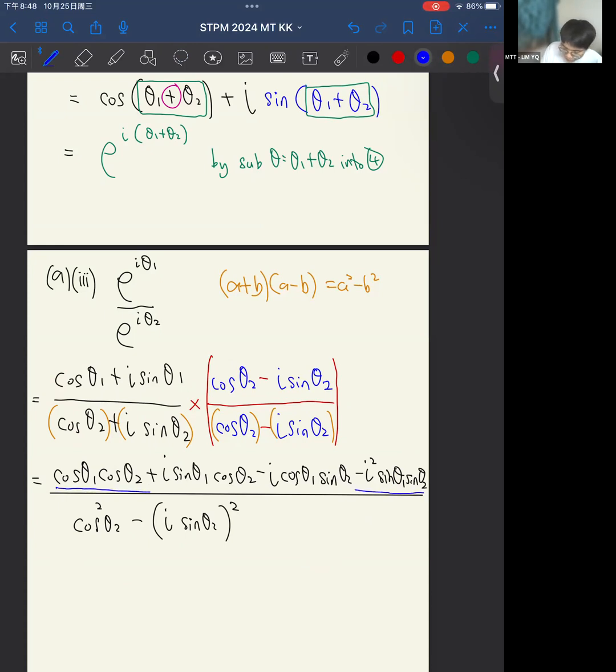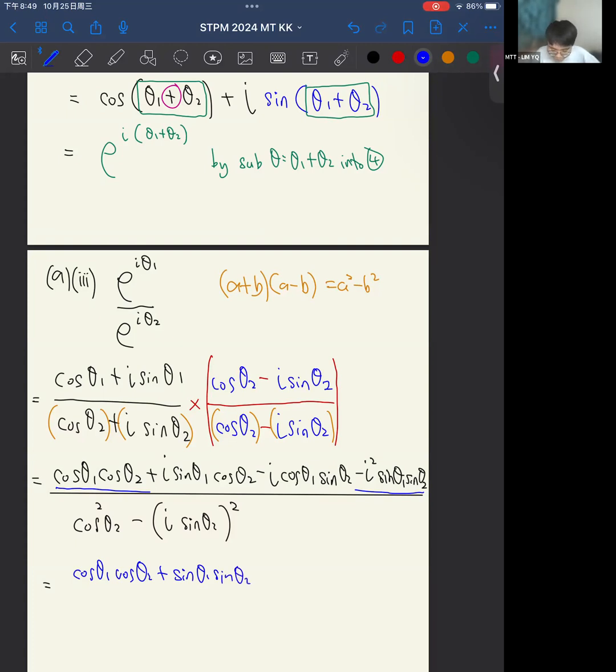Similarly, we group all the real parts. So the real part becomes cos theta 1 cos theta 2, minus i squared, which is actually plus now, plus sine theta 1 sine theta 2.